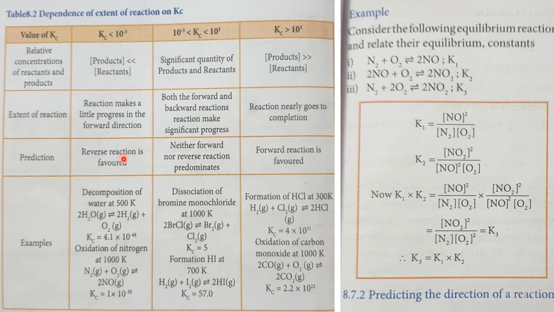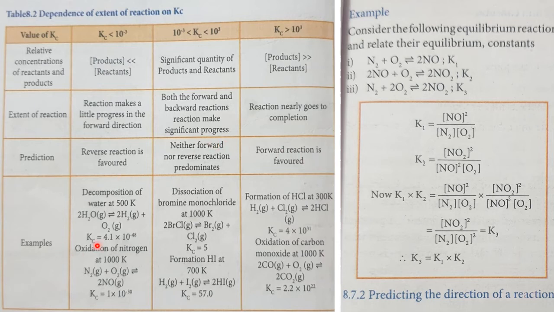Then prediction: how can we predict from these values? The reverse reaction is favored because the Kc value is very low, so the reactant remains. So the reverse reaction is favored. Here there is no net reverse or forward reaction, so equilibrium is taking place. Here more products are formed, which means the forward reaction is taking place.